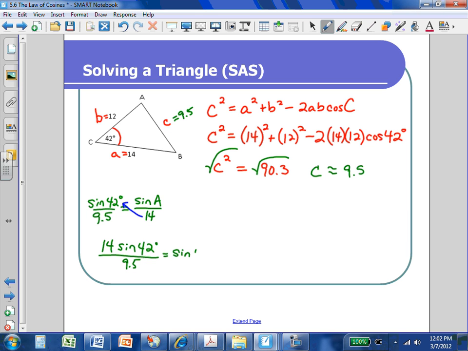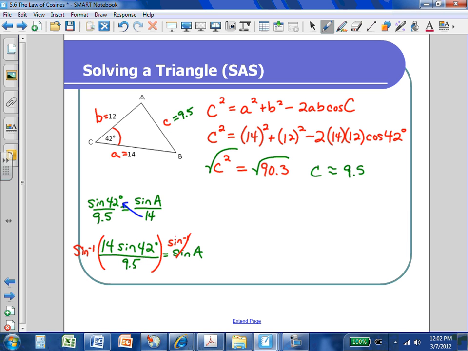sine of A. Because I'm looking for an angle, that means that you're going to move your sine to the other side by taking the inverse sine of that whole side.